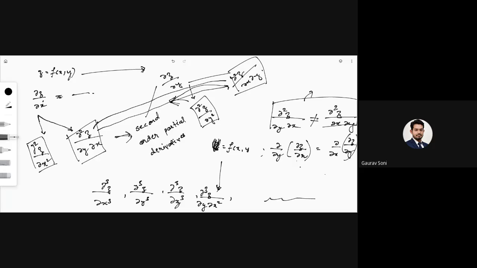In this, if you differentiate first with respect to x, then with respect to y, and you differentiate first with respect to y and then with respect to x, these two in general will not be equal. Of course, under some condition, those are equal. So when we talk about higher order partial derivatives, things become very complicated. Of course, in our syllabus, this condition will not occur generally, but still, you must know that mixed partial derivatives are not equal.